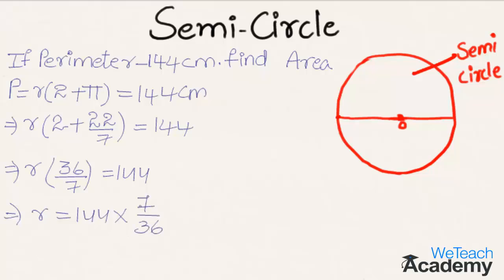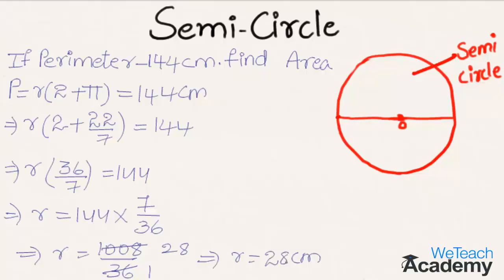So r equals 1008 divided by 36. By simplifying, 36 one time is 36 and 36 28 times is 1008. So we get the radius equal to 28 centimeters.